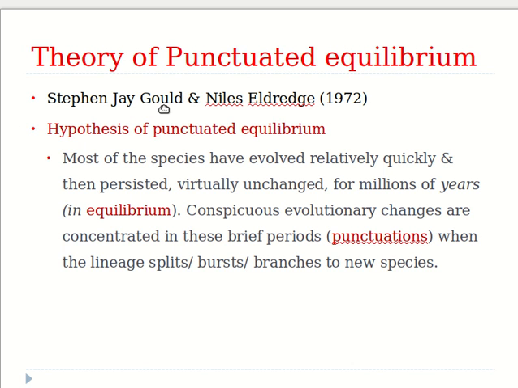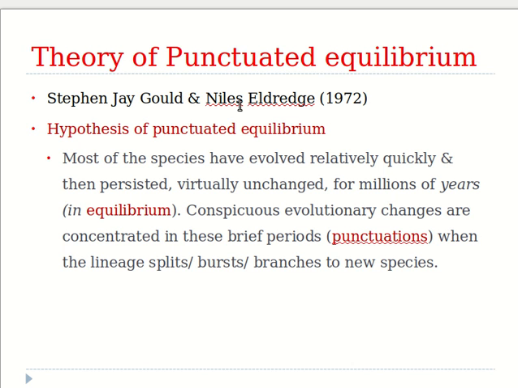Stephen Jay Gould was America's foremost writer and thinker on evolution, and Niles Eldredge is a well-known paleontologist at the American Museum of Natural History.